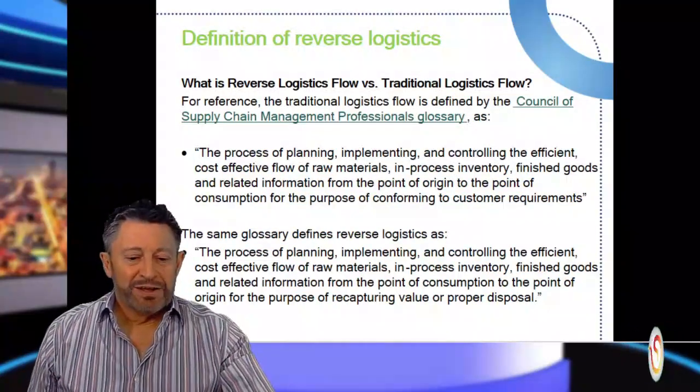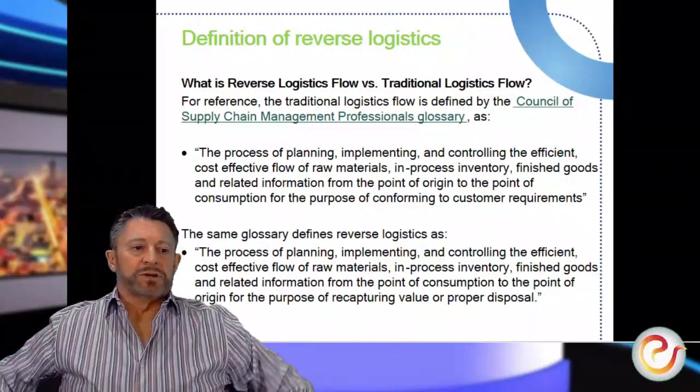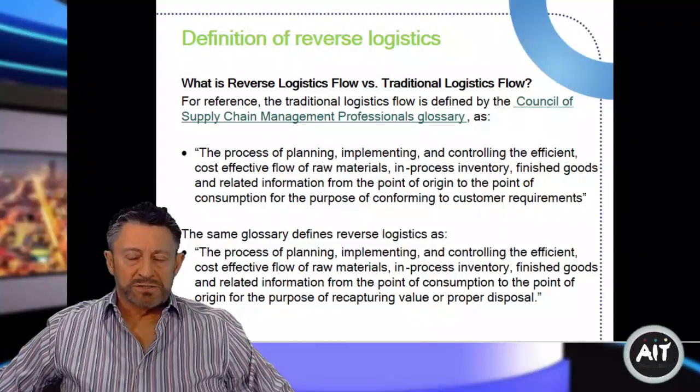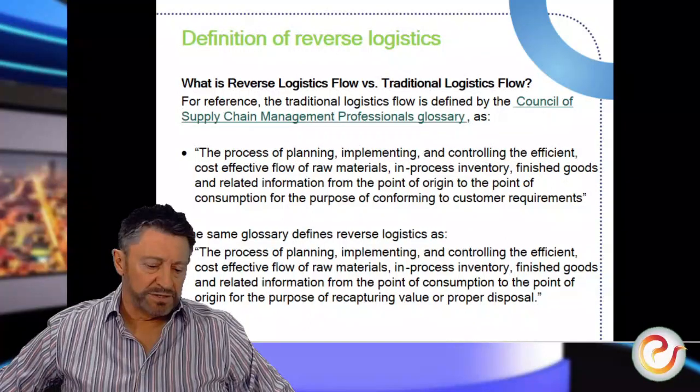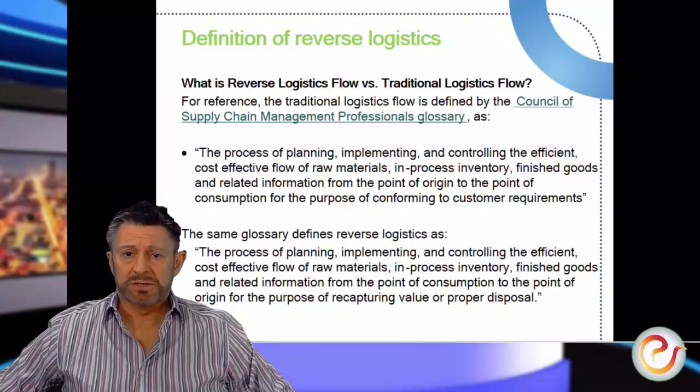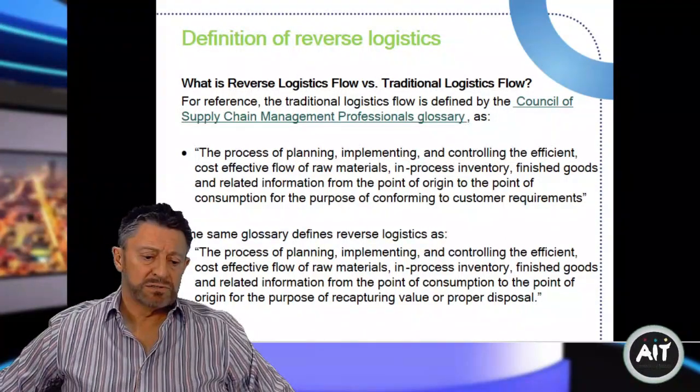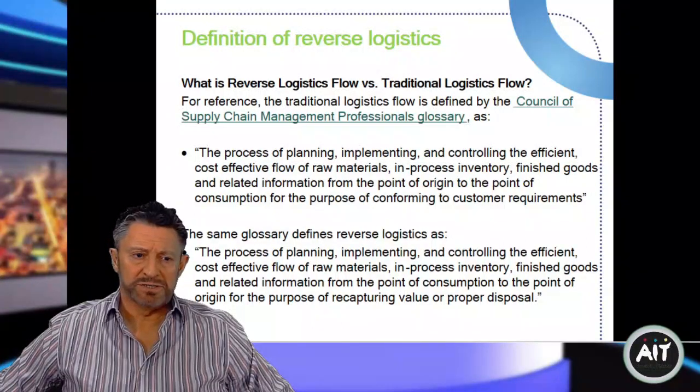Anyway, if we consider this and move on a little bit further and look at some more definitions, these are coming from APICS, which is essentially the American supply chain management not-for-profit organization in the States.